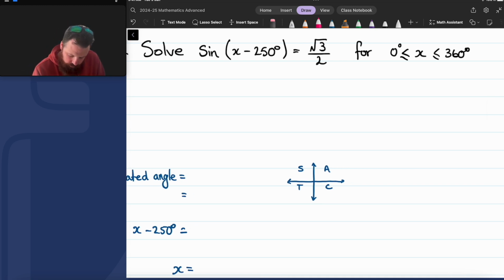So what we're going to have here is x minus 250 degrees. Well, what was the change? I took away 250. So 360 take away 250 is 110. And 0 take away 250 is negative 240 degrees. So that's what I'm playing with at the moment.